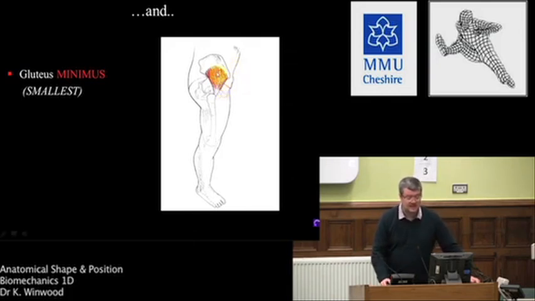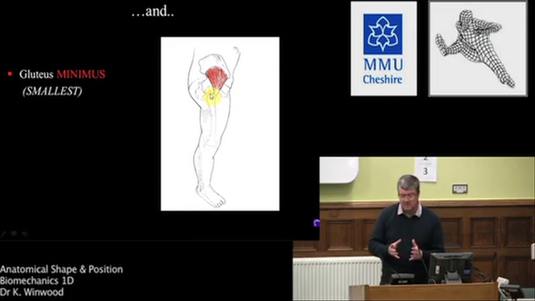Here we can see clearly that the gluteus minimus is far lower, or inferior, to the gluteus medius, which is further up the iliac crest. It also has a different origin point, towards the neck of the femur.